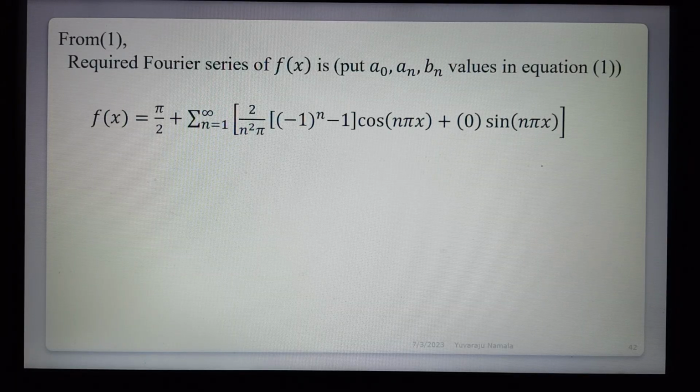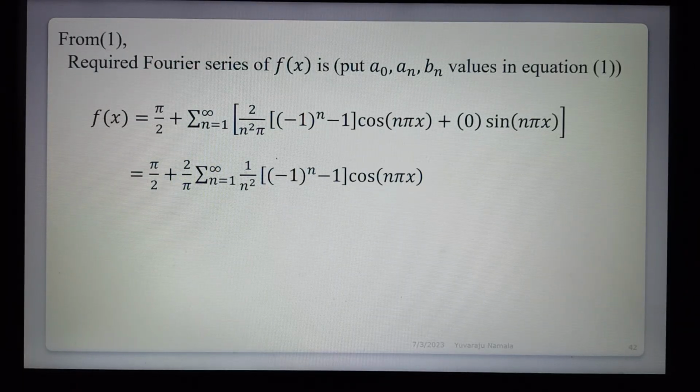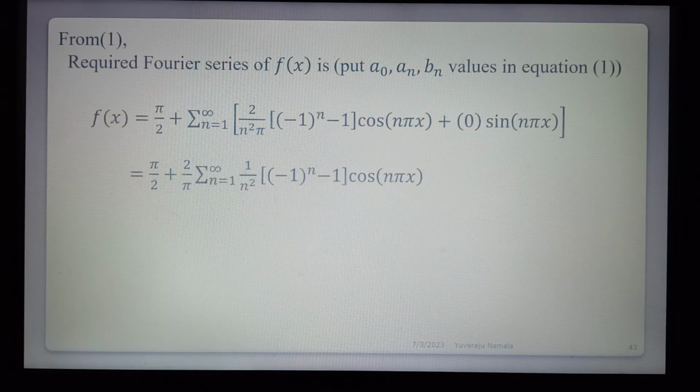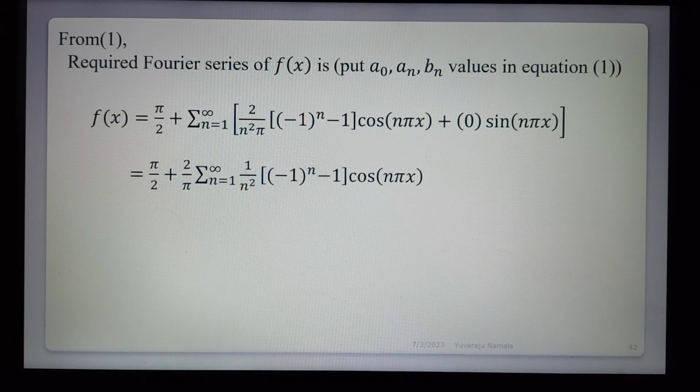Substituting all values in equation 1, the given series f of x is equal to 5 by 2 plus summation n equal to 1 to infinity 2 by n square π into (-1)^n minus 1 into cos nπx plus 0 into sin nπx. bn value is 0, therefore f of x is equal to 5 by 2 plus 2 by 5 into summation n equal to 1 to infinity 1 by n square into (-1)^n minus 1 into cos nπx. So this is the required Fourier series of the given function in the interval 0 to 2.